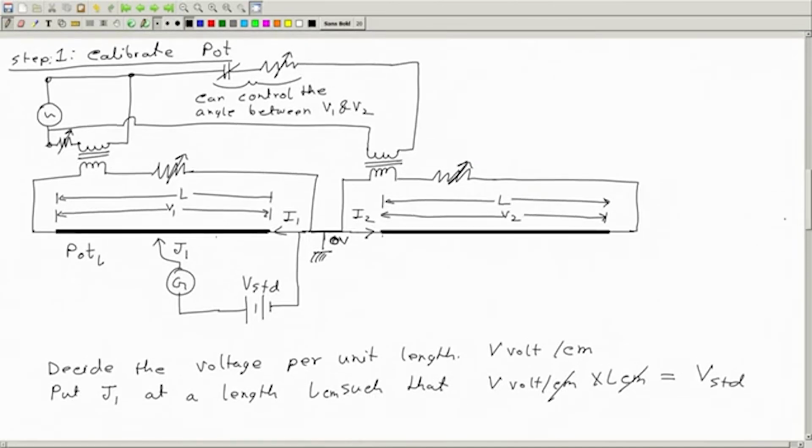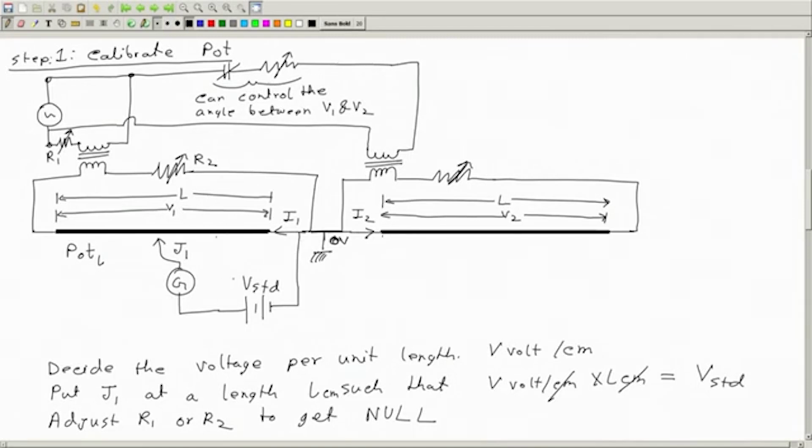And then adjust this resistance or this resistance, call them R1 and R2. Adjust R1 or R2 or both to get null. That means potentiometer 1, or potentiometer L, is calibrated.